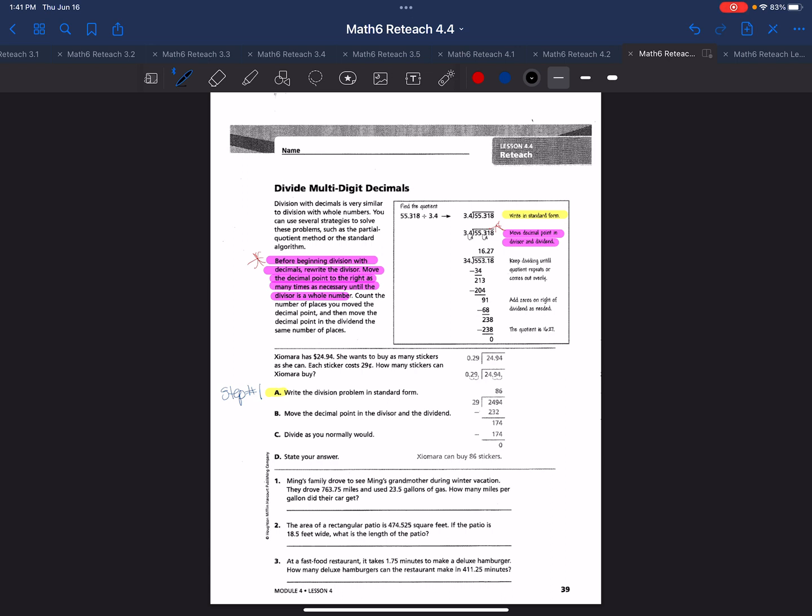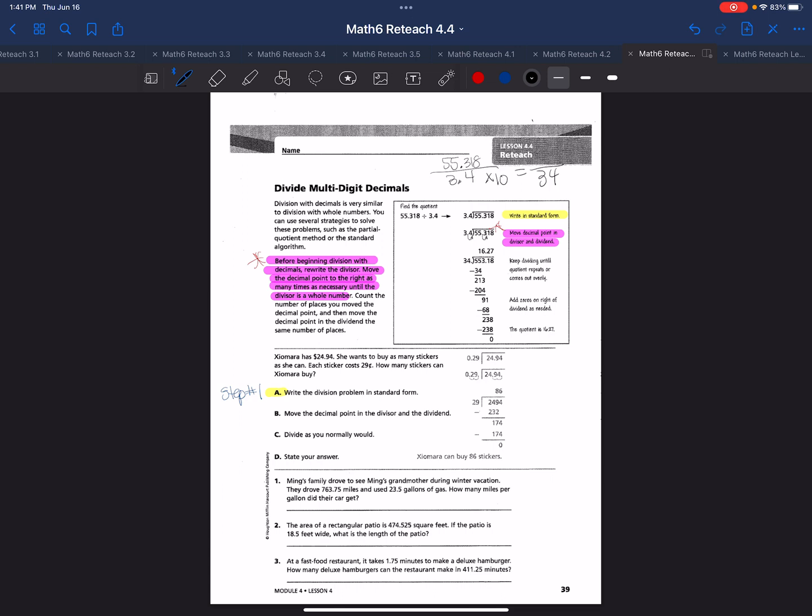So what I do to the divisor, I must do to the dividend. So what I want you to understand is that this is the same thing as saying here, really similar to when we were working with equivalent fractions in a previous lesson. 55 and 318 thousandths is being divided by 3 and 4/10. If I want to make 3 and 4/10 into a whole number, I would need to multiply this by 10.